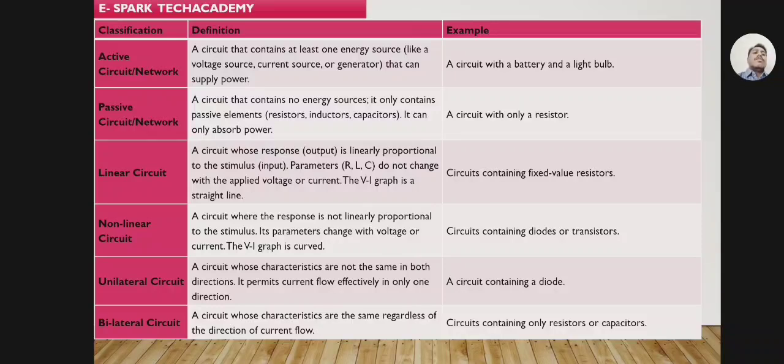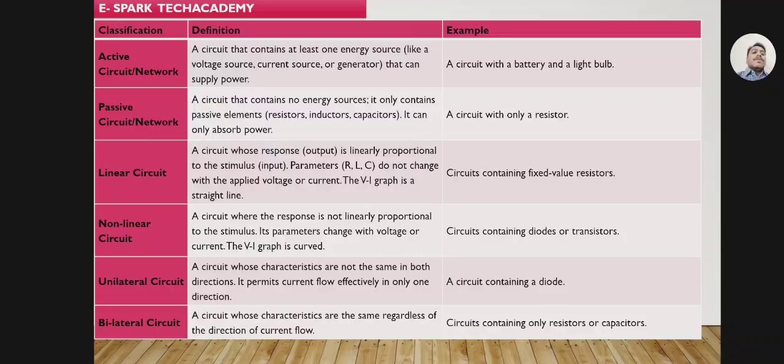The VI graph is curved. This circuit doesn't obey Ohm's law. The circuit contains diodes, transistors, op-amps, SCRs, MOSFETs, FETs, and so on.